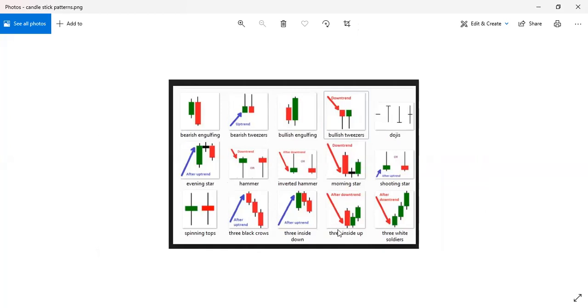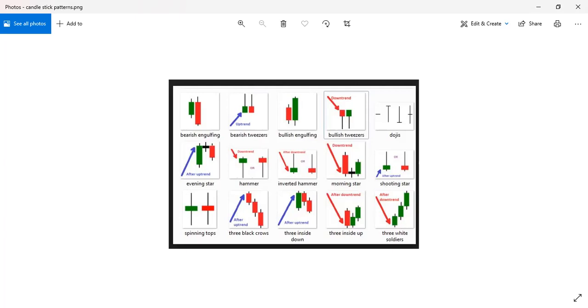This is the spinning tops. Can you see? It has a small body but a long wick. This is bullish spinning tops, and this is bearish spinning tops.